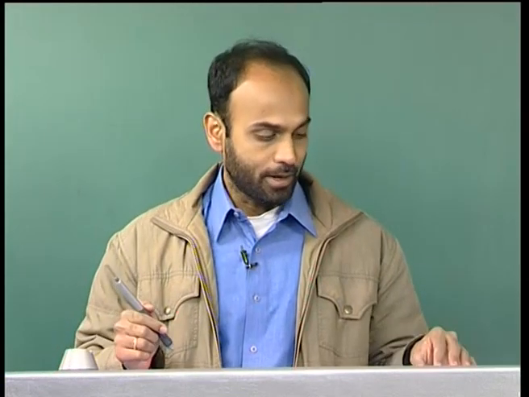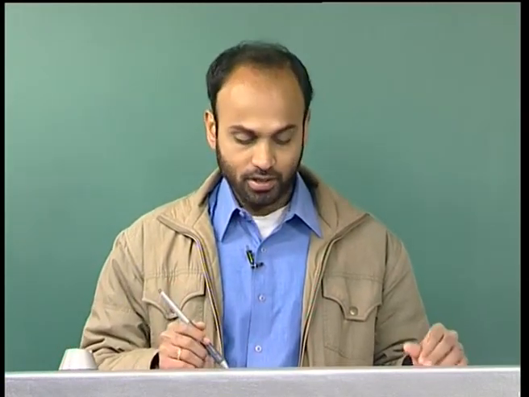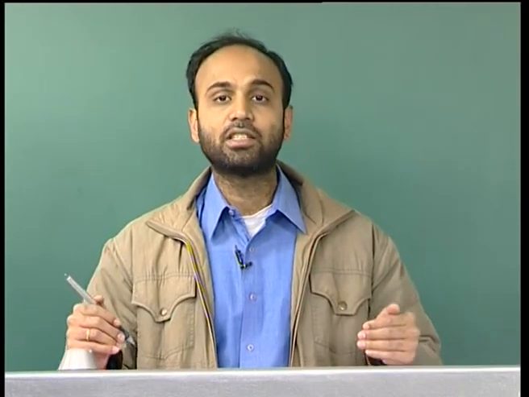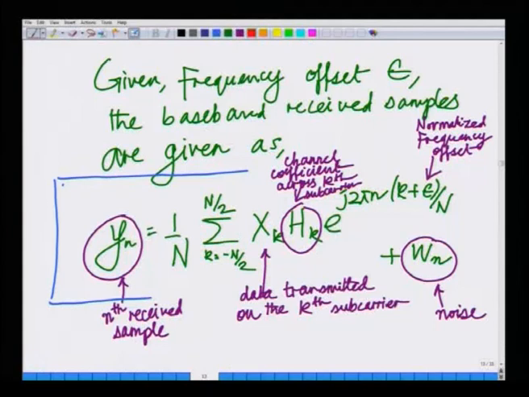And we had also started seeing how to model the effect of this inter carrier interference as well as this frequency offset. We had said for a frequency offset of epsilon normalized with respect to the subcarrier bandwidth, the received sample yn is given as summation xk hk e power j 2 pi n (k plus epsilon) over capital N, N being the number of subcarriers, plus noise.